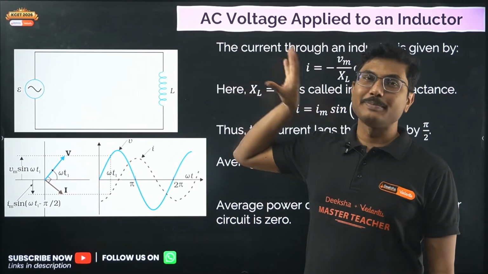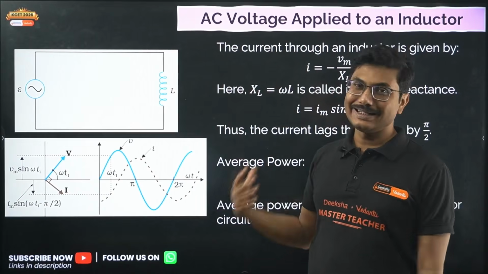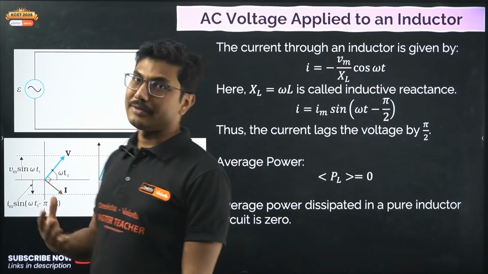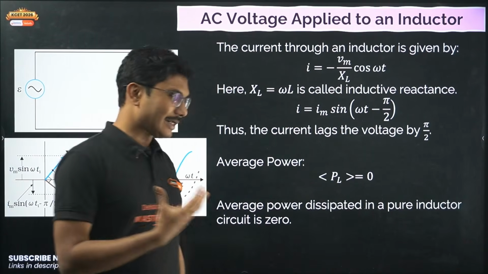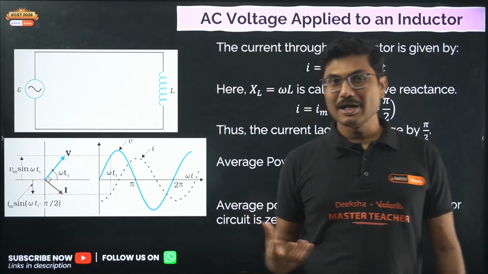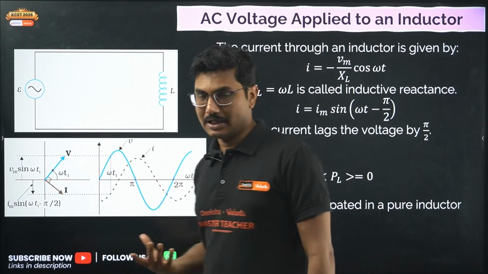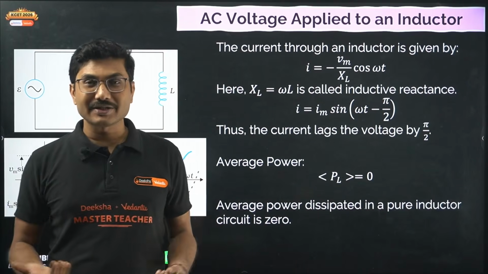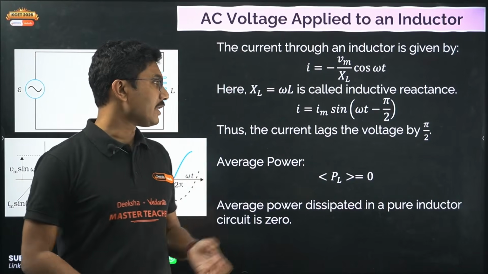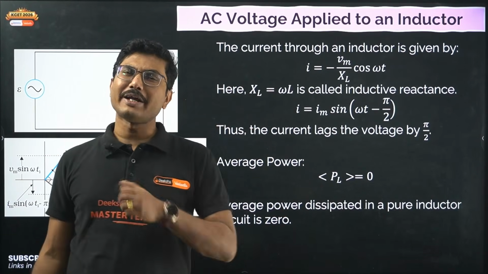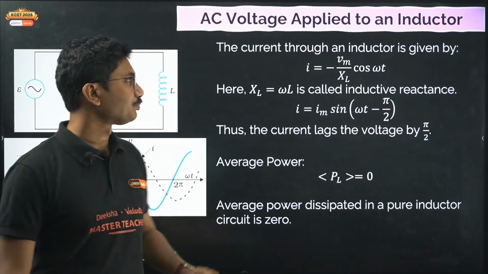So an inductor behaves like a resistor in an AC circuit, and that is called inductive reactance. It is giving a reaction to the change in current. That's why it is called inductive reactance, or sometimes simply inductance.